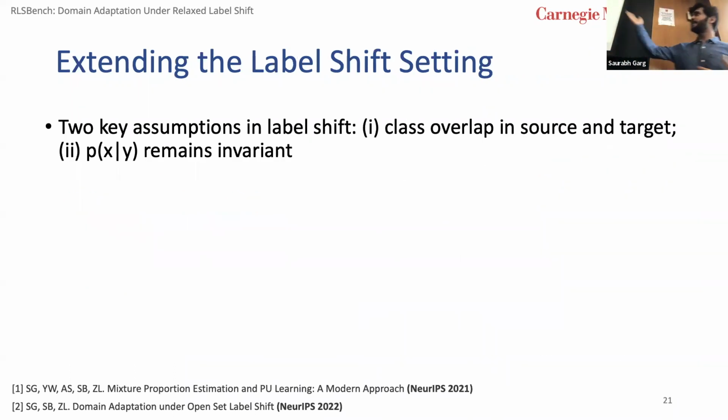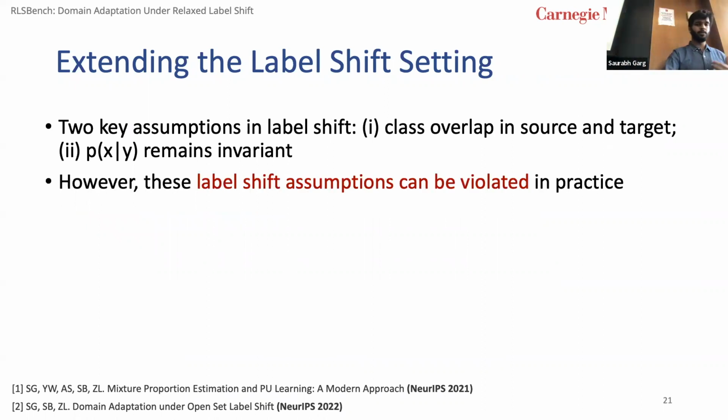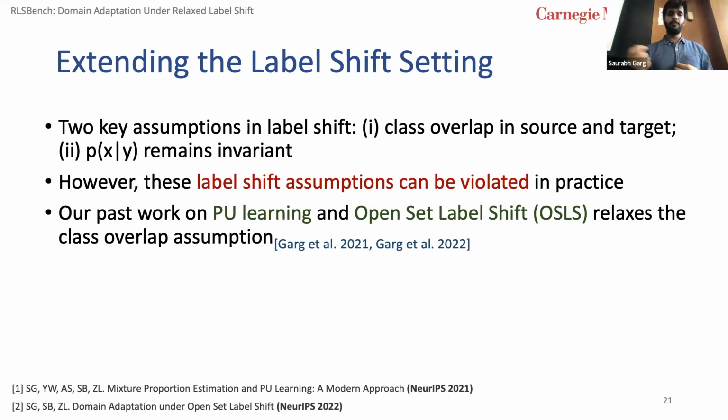But now we want to extend this label shift setting to tackle more scenarios that may appear in the wild. Two key assumptions that we make in the label shift setting are, one, we have class overlap between source and target, and the other is we assume that p of x given y remains invariant. However, as I mentioned, these assumptions can be violated in practice.